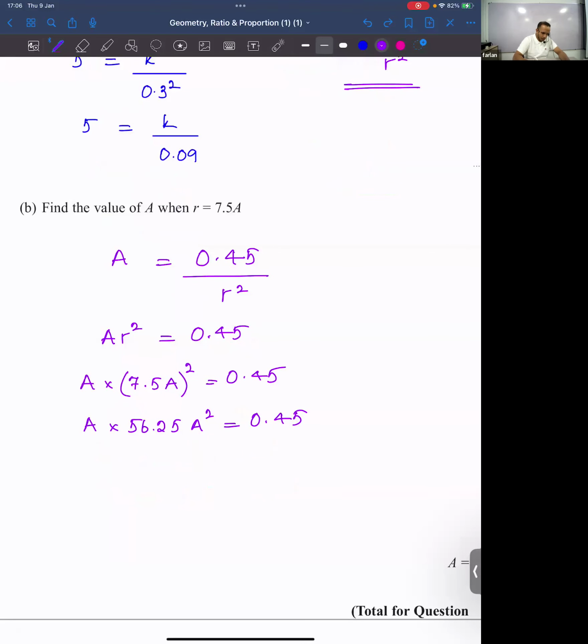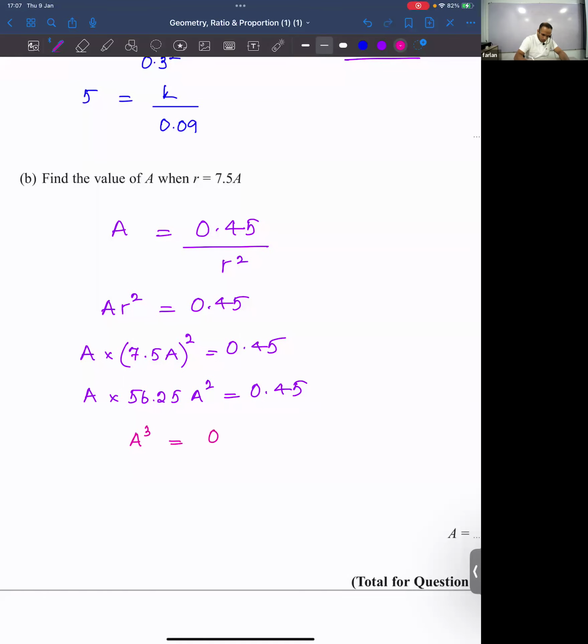So now we have A into A square, and A into A square is A cube. That is equal to 0.45. Take the 56.25 to the other side, divided by 56.25. So 0.45 divided by 56.25 will be A cube equals 1 over 125.